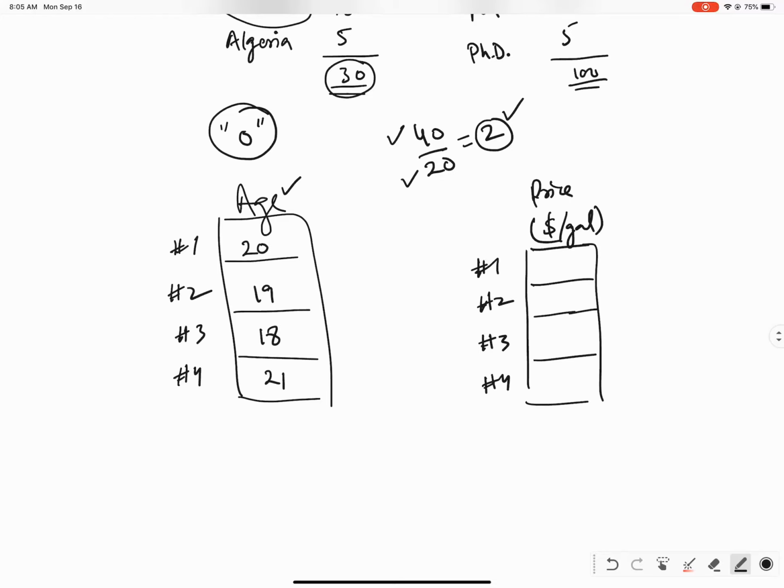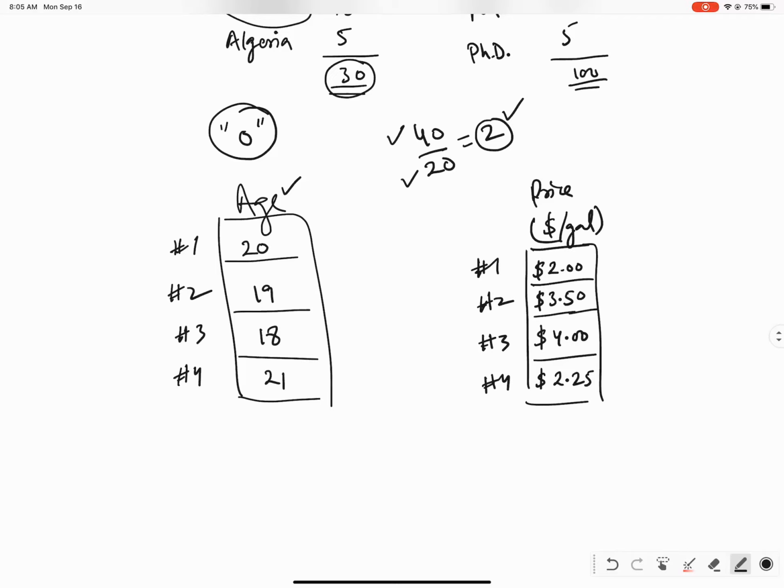At station number 1, gasoline is being sold for $2 per gallon. Station number 2 is selling the same gasoline, no difference, same product, no difference in quality, at $3.50 per gallon. And then we have a gasoline station which is selling gas at $4 per gallon. And finally, we have a station that is selling gas at $2.25 per gallon. I'm obviously making up these numbers. This is all hypothetical data.